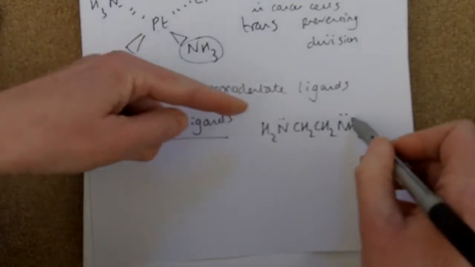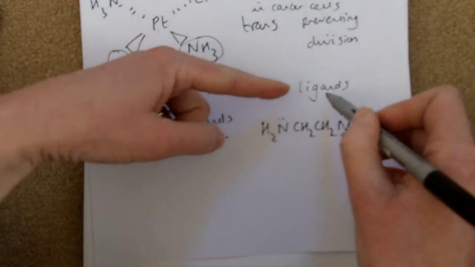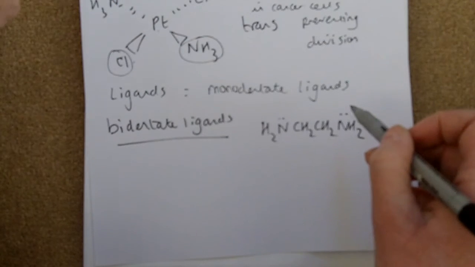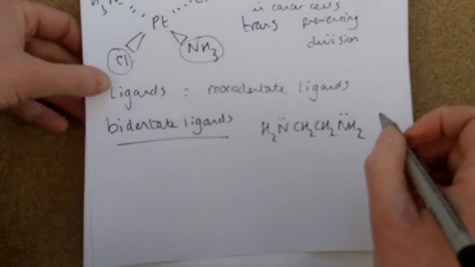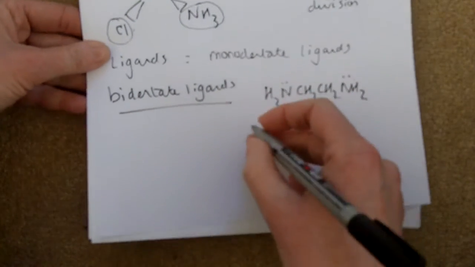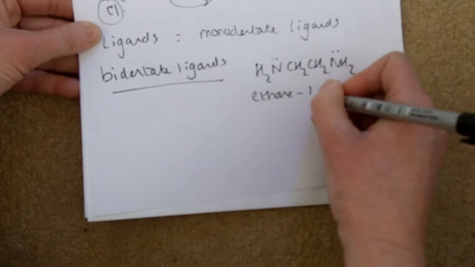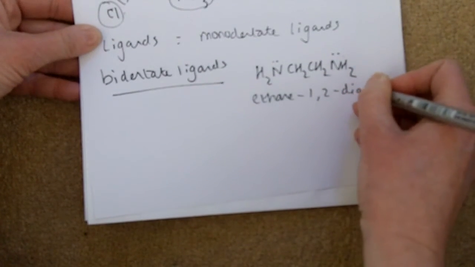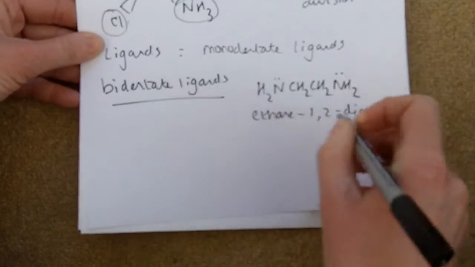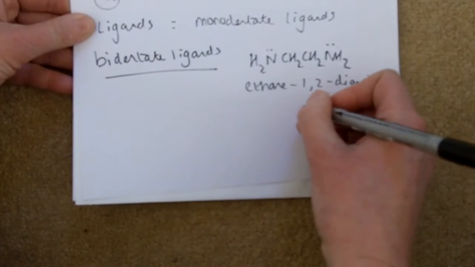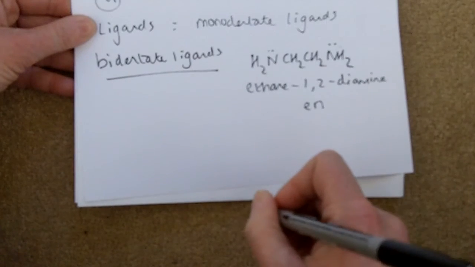So it can donate two lone pairs of electrons to the transition metal ion and form two coordinate bonds. This one here is called ethane-1,2-diamine, and it can bite round twice. Sometimes you see it with a shorthand name, it's just called EN.